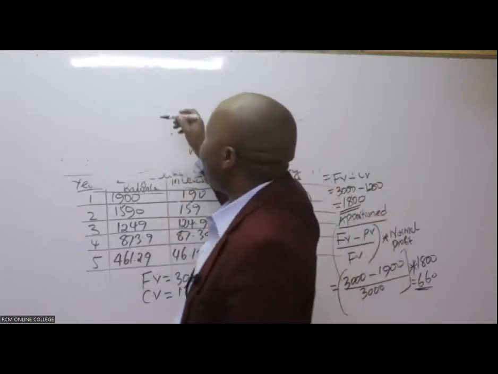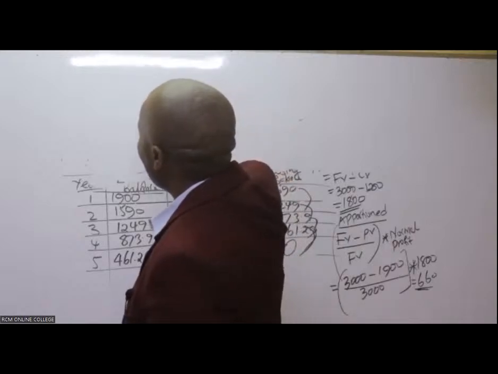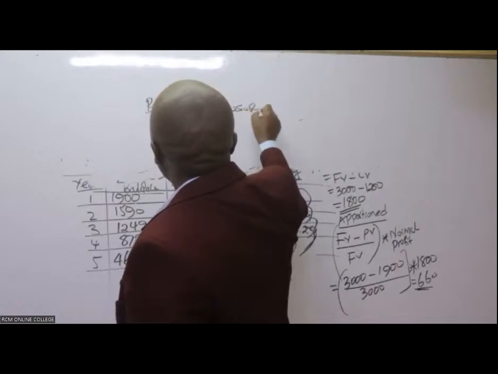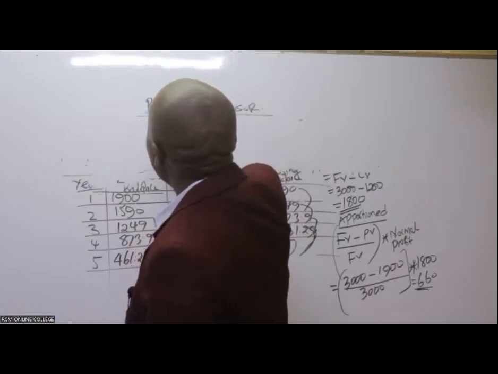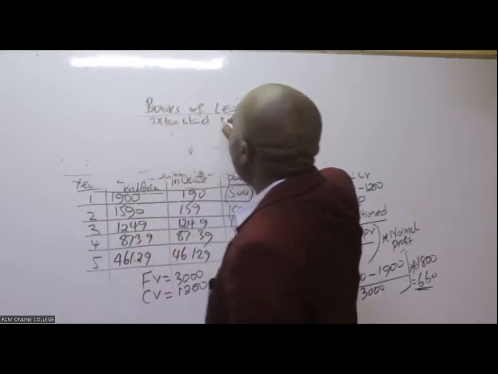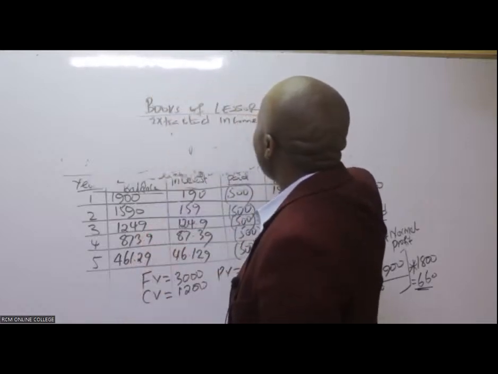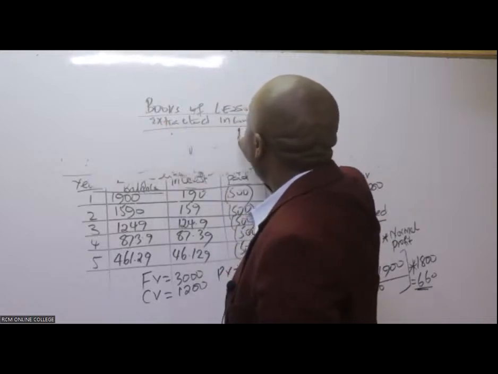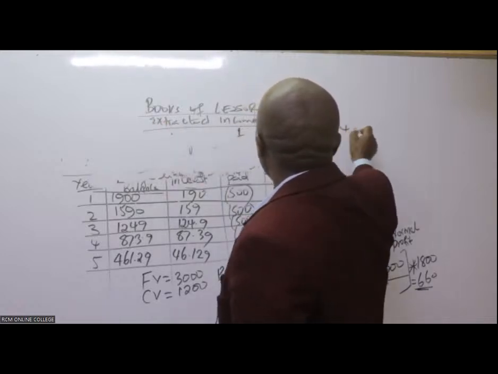The lessor is the easier guy here. Books of the lessor. In the extracted income statement, what is this guy going to recognize? Year 1, year 2, year 3, year 4, year 5.